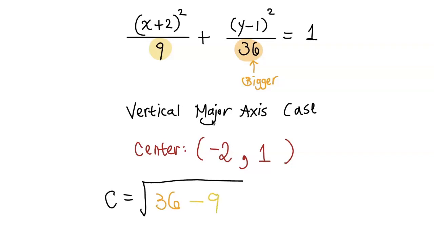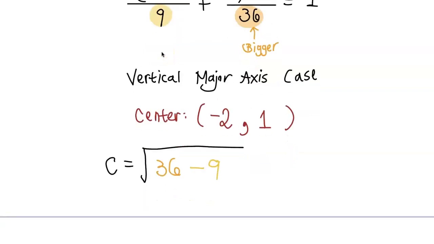You notice what we're doing here, right? We're subtracting a squared minus b squared, or b squared minus a squared. Just do the bigger number minus the smaller denominator and take the square root. What's that going to be? Is that 25? Oh, no, it's not. That's 27. Well, it's okay.